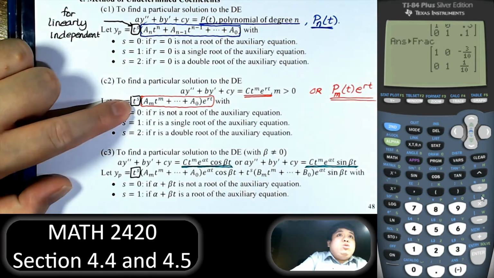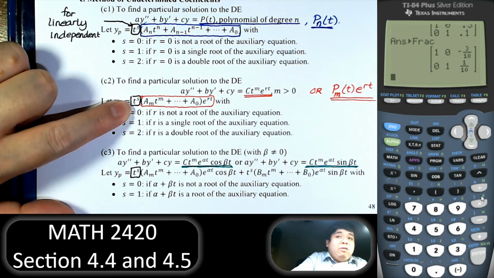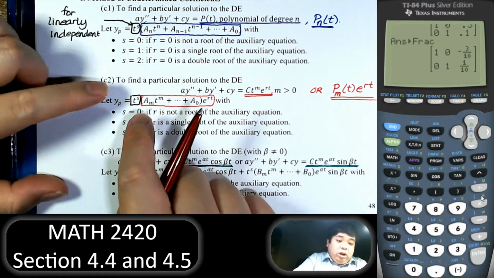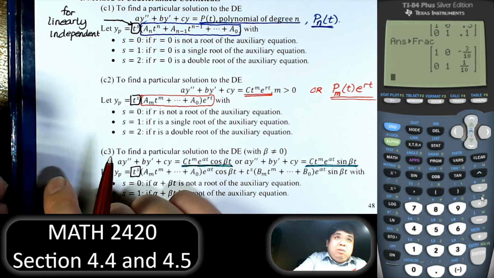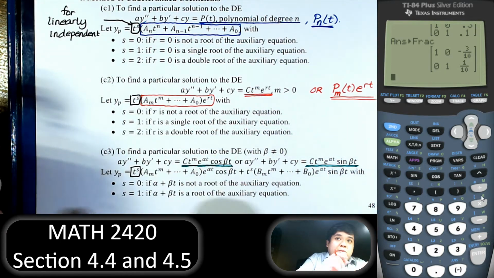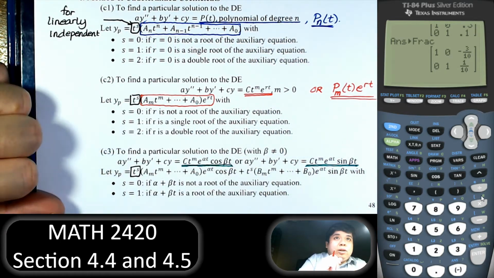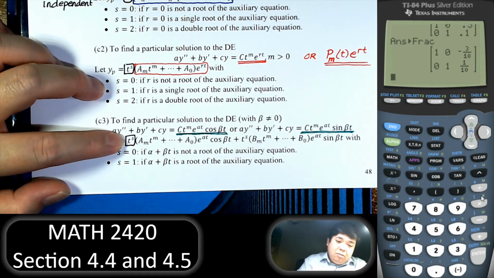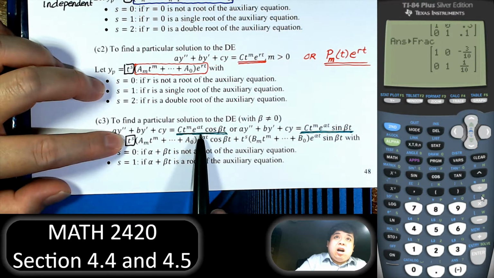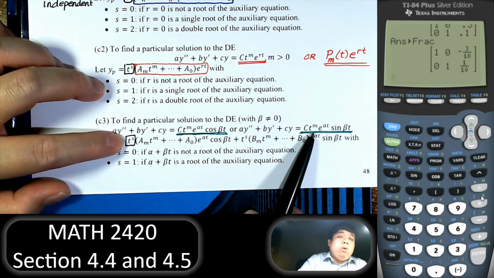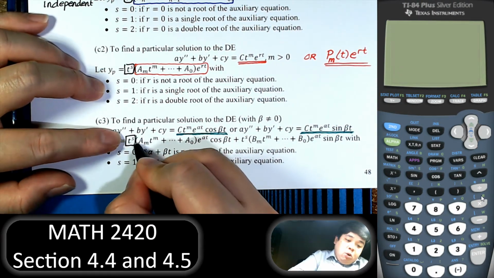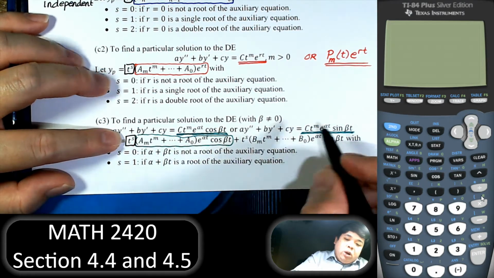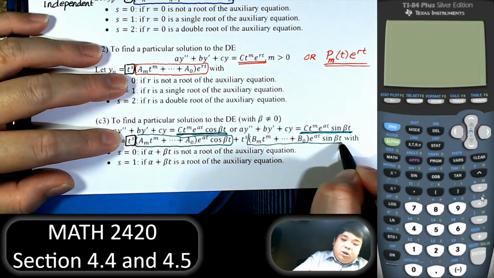And then multiply t here, power of t, to make it linearly independent. So if there is any redundancy with the complementary solution, then we have to multiply an extra t to it. That's not much there. However, when we have either sine or cosine, or maybe both, the guess is always both of them. So even though there's only cosine, we always have to guess both sine and cosine.